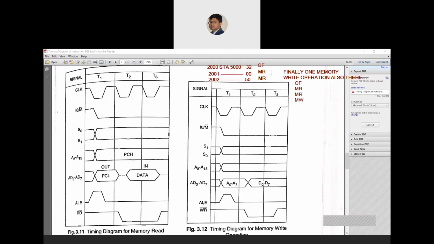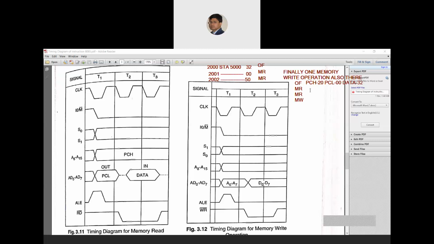In the opcode fetch, I'm writing here your PCH value is 20, your PCL is 00, and your data is 32.